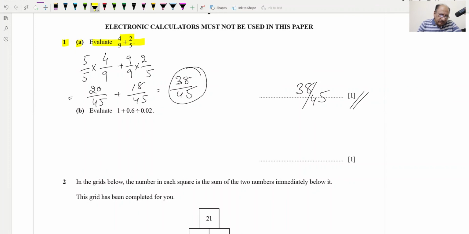Now the next part, B, is to evaluate this one. First of all, we will have to do the division first. So we have to divide 0.6 by 0.02.